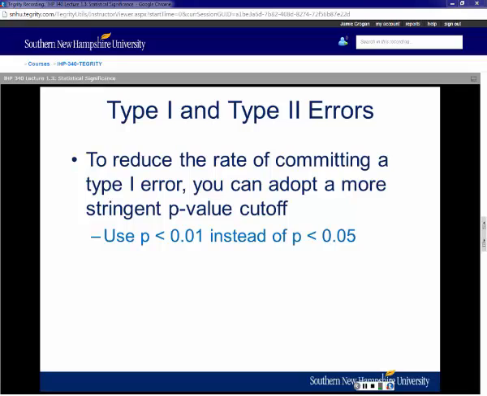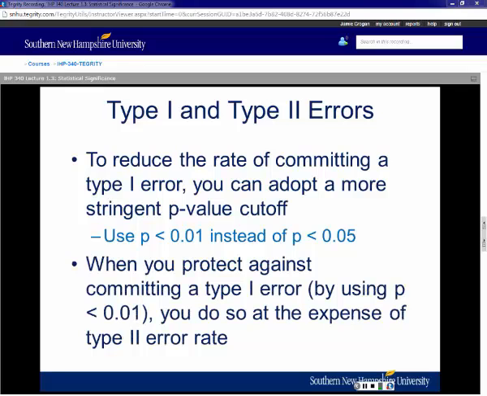So in those cases, some researchers would only say things are significant if the p-value came out to be really, really small, like 0.01 instead of 0.05. But when you do that, you actually reduce the type 1 error at the expense of a type 2 error. And so those researchers who try to adopt a more stringent cutoff for saying something is significant, they did so at the expense of increasing their type 2 error.